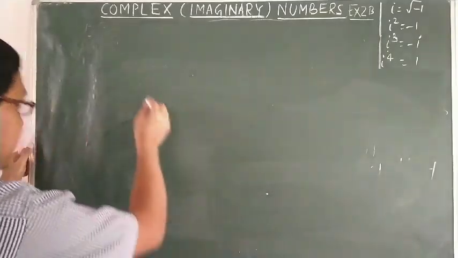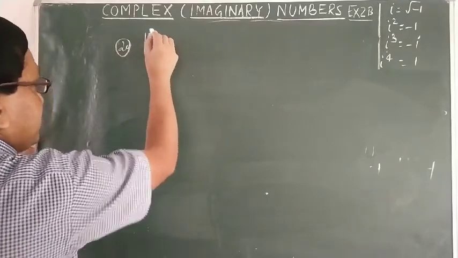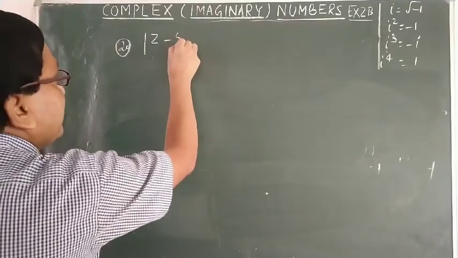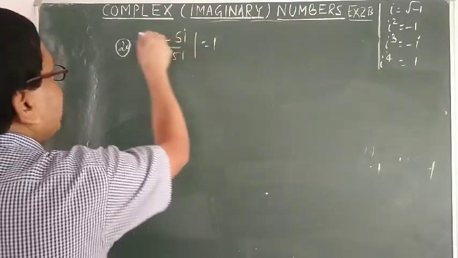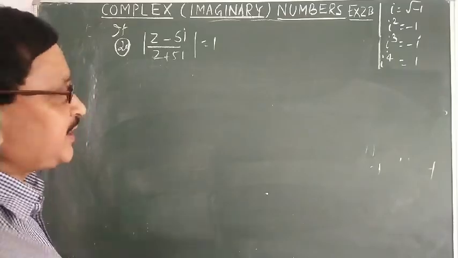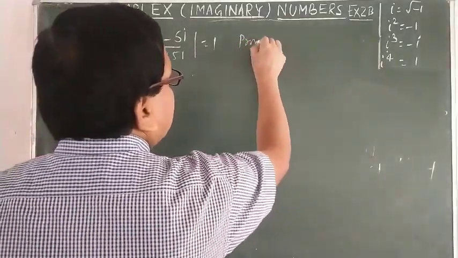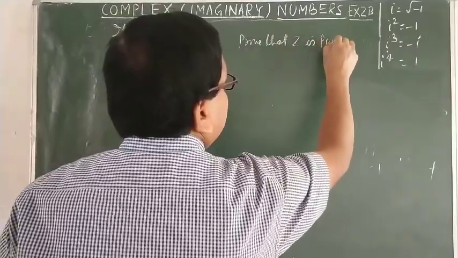Now this is number 20. Modulus of z minus 5 by z plus 5 is equal to 1. If so, prove that z is a real number. Prove that z is purely real.